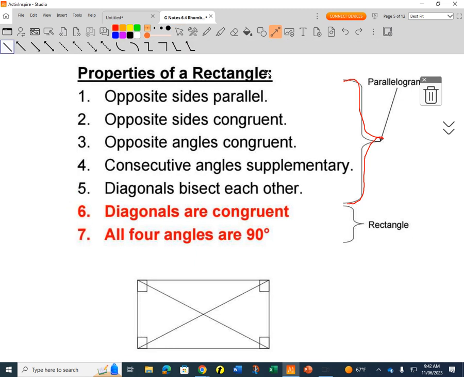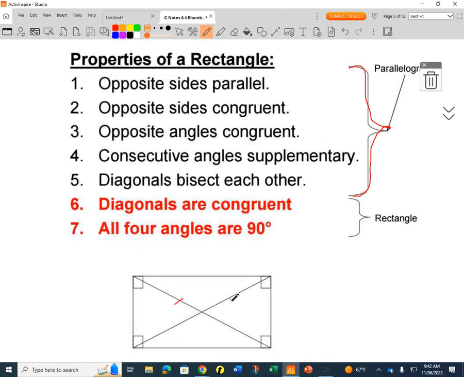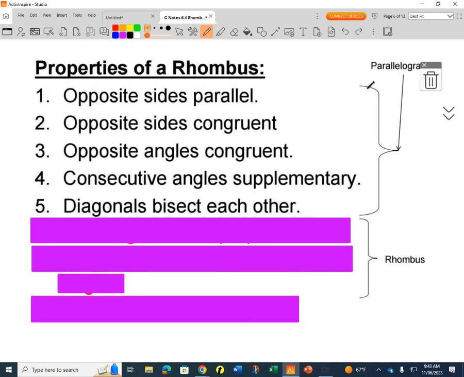So you can also mark that on your notes. You get the gist. First, parallelogram.